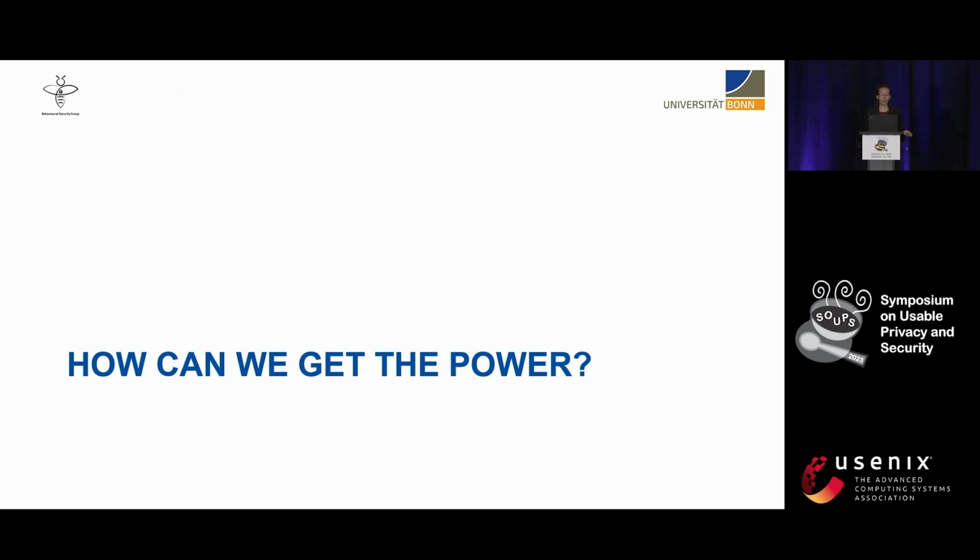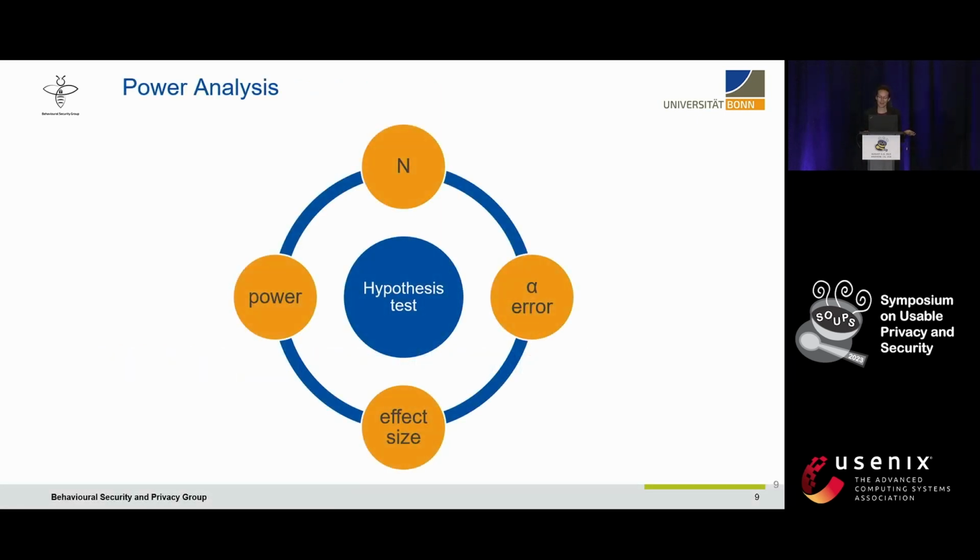So what can we do about it? Well, we can conduct power analysis. And power analysis makes use of the fact that in null hypothesis statistical testing, there are 4 interrelated properties of a statistical hypothesis test. And if you have 3 of those, you can then calculate the 4th. So we're usually interested in sample size, so that's one of them. Then I've talked quite a bit about power, that's the second.